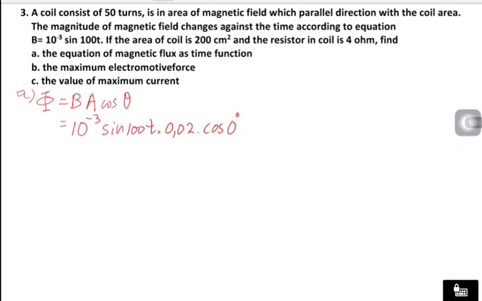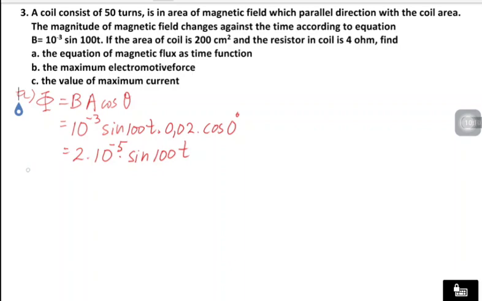We get the value 2 times 10 to the minus 5 sine 100t. Okay, we got the flux as a time function.